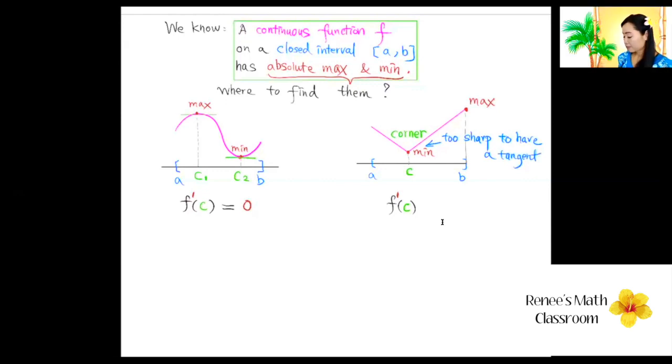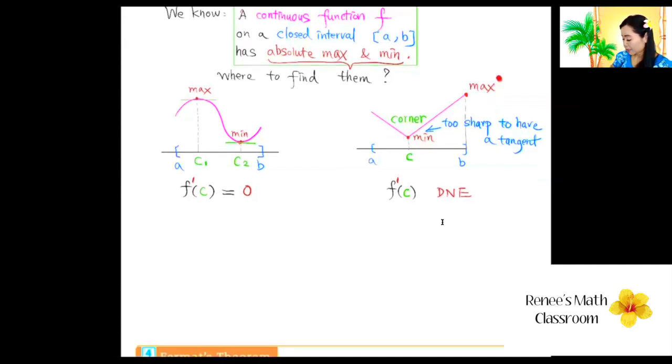As you recall from earlier in the semester, when you have a corner, it is too sharp to have a tangent, and the derivative will not exist at this point. The left derivative and the right derivative don't agree, right? So the derivative does not exist over here. But the function value is the absolute minimum.